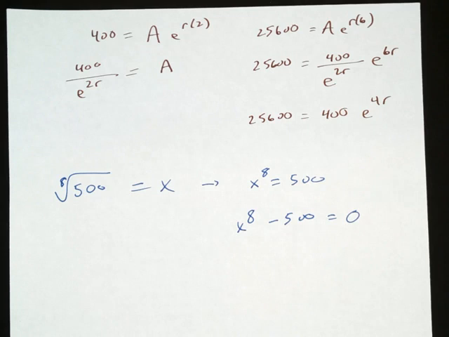1 to the 8th is 1. What's 2 to the 8th? 2, 4, 8, 16, 32, 64, 128 is 2 to the 7th. 2 to the 8th is 256, right?